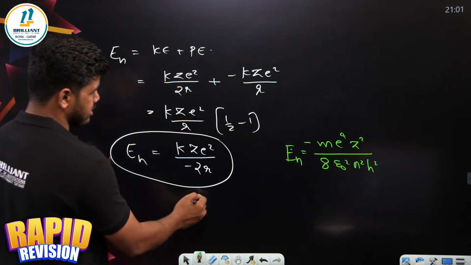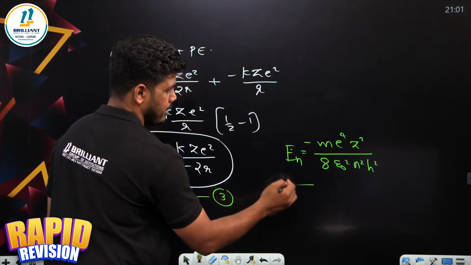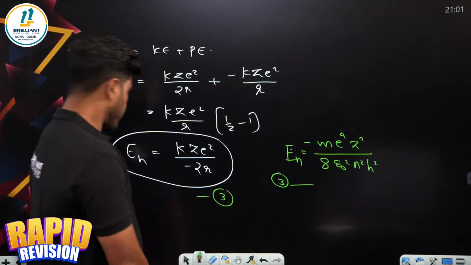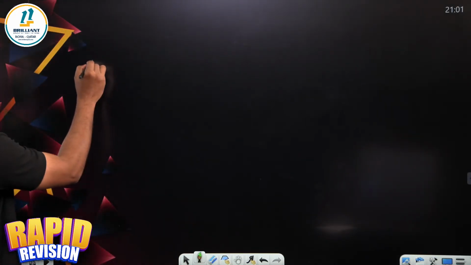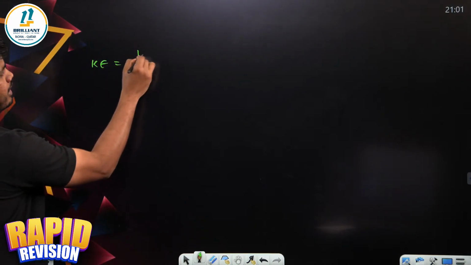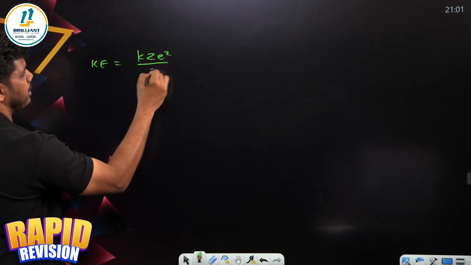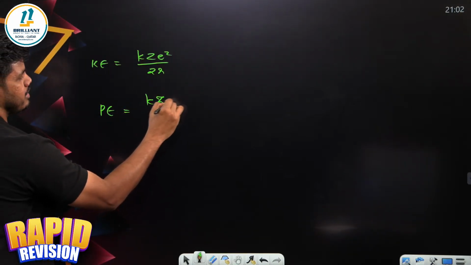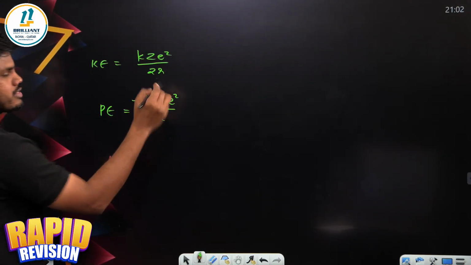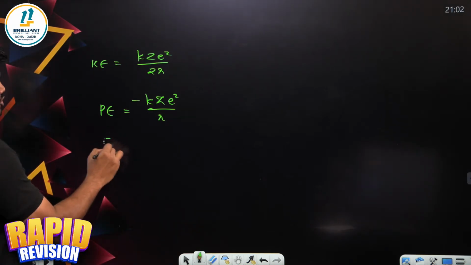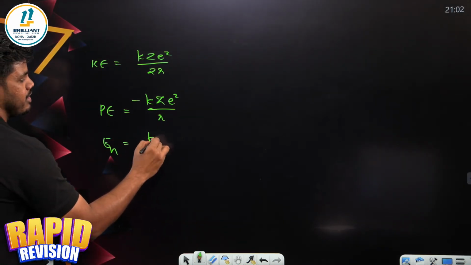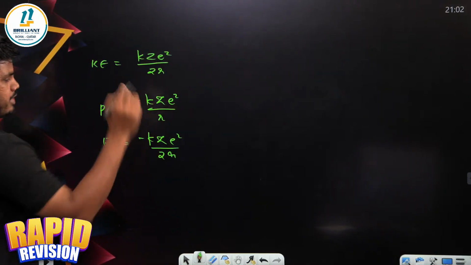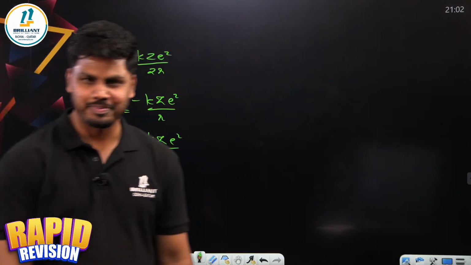If you check equations 1, 2 and 3, you can see that ratio: kinetic energy, potential energy and total energy. What was the kinetic energy expression? K Z e square by 2R. What is the potential energy equation? K Z e square by R with a minus sign. And what is your total energy En? K Z e square by 2R with a minus sign. Done. What is the ratio?